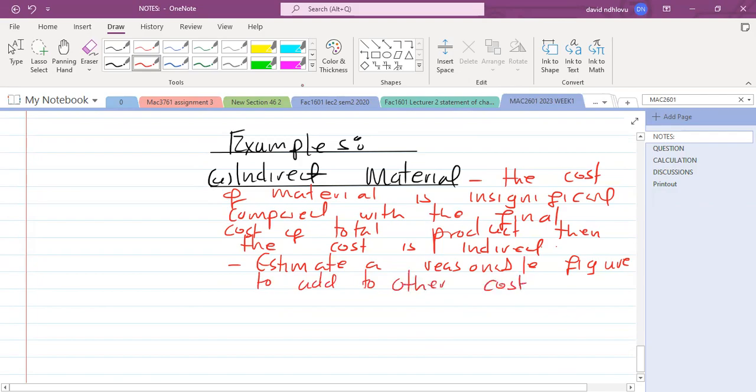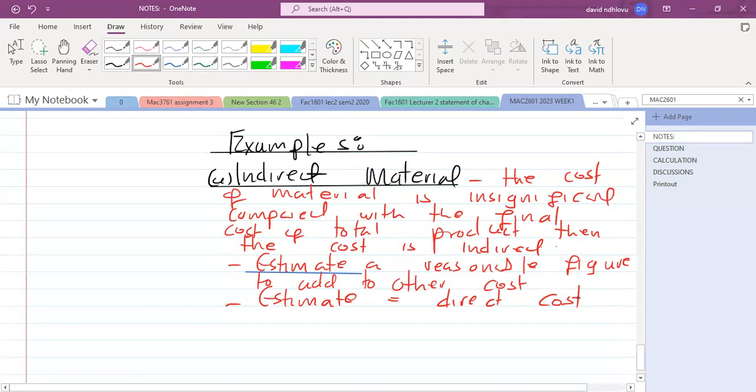In management accounting, as soon as you use the word estimate, it means whatever you are doing is no longer accurate. It is no longer 100%. And as soon as you use estimate here, then the cost is an indirect cost. So this is the only time that material will be said to be indirect material. In all other circumstances, material will always be what? A direct cost, except only in this instance.